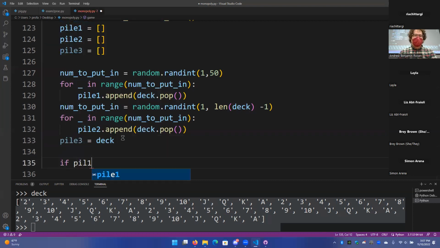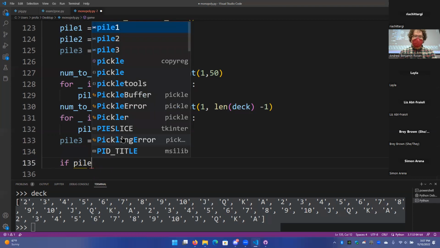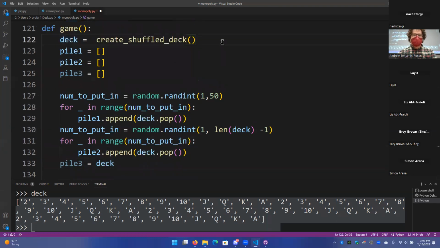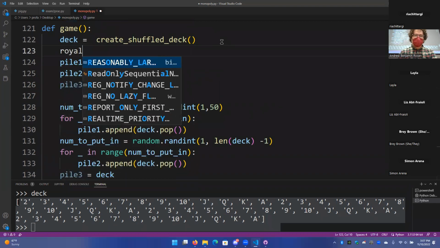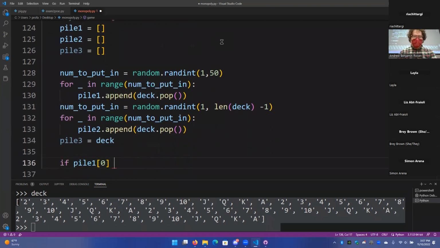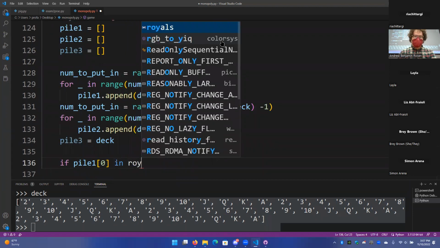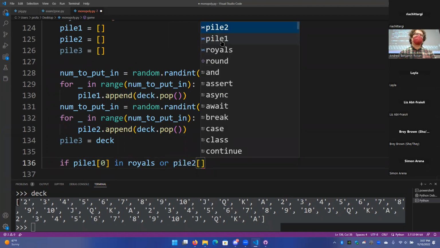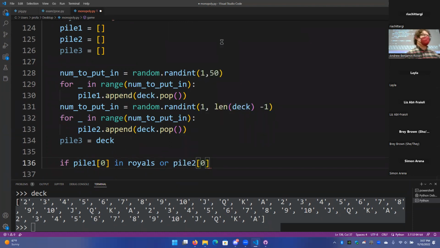If pile 1, index 0, so let's go ahead and create royals is equal to Jack, King, Queen, King. If pile 1, index 0 in royals, or pile 2, index 0 in royals, right? That's the first thing.